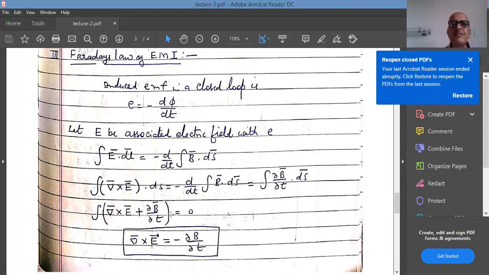Here dot ds will also be there, that is missing, I'm sorry. To satisfy this equation, the integrand must be equal to 0, and that gives us curl of E is equal to minus del B over del t. That is Faraday's law of electromagnetic induction, also called the differential form of Faraday's law. It is the third Maxwell equation.